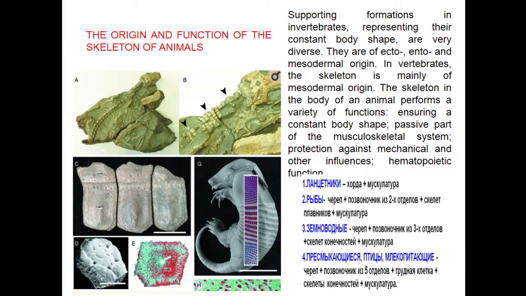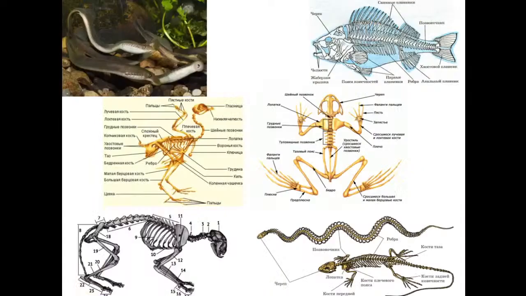Amphibians have a skull, vertebrae from 3 departments, legs and muscles, and birds and mammals have skulls, vertebrae from 5 departments, thorax, legs and arms, and muscles. And in this picture you can see the different variants which were described previously.